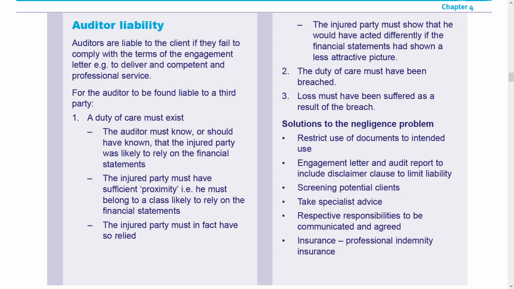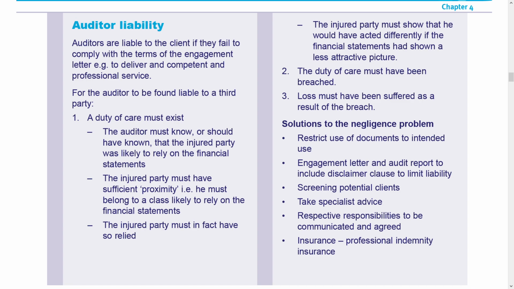Number two, the injured party must have sufficient proximity. Proximity means closeness. He must belong to a class likely to rely on the financial statements. For example, shareholder, or the bank where the company has taken a loan from, because some classes of stakeholders will rely on those financial statements, and some have an option, right?